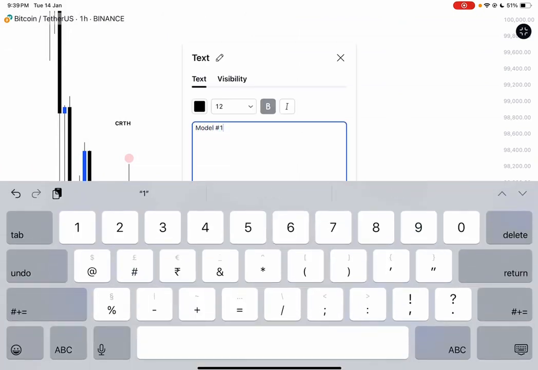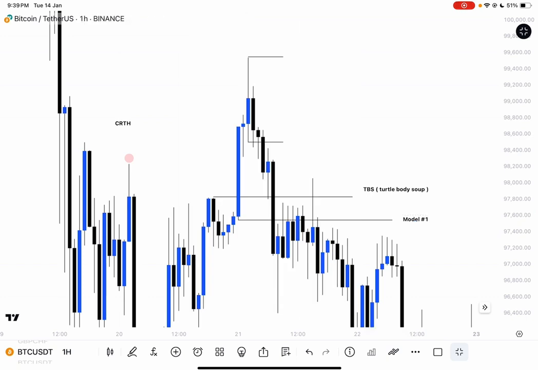Model 1, thick candles. Suppose if this candle we have got as a thick candle, the body starts from here and ends here, and with low wicks, body high, we can consider this candle as model 1. But here the body is low compared to the wicks, so we can't consider this candle as a model 1 candle.